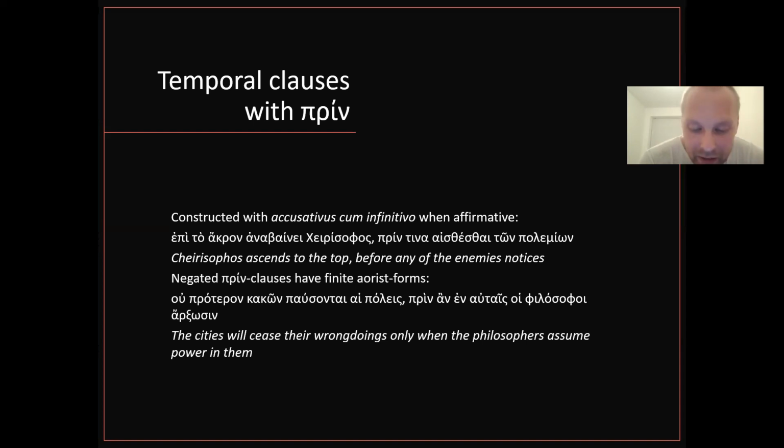And as you can see, the aorist subjunctive is here combined with the modal particle an, in accordance with the general rule for future referring temporal clauses, which normally have a predicate in the subjunctive mood together with an.